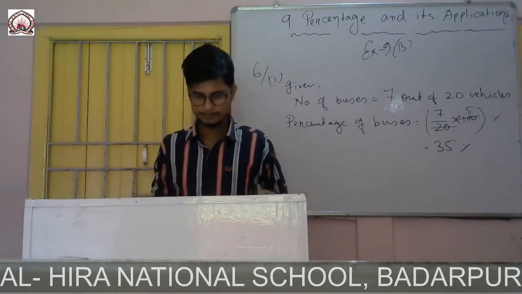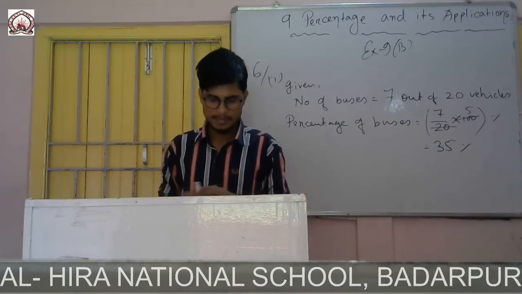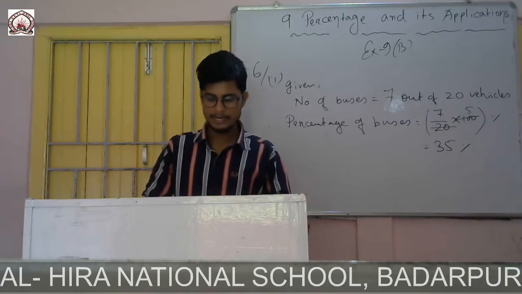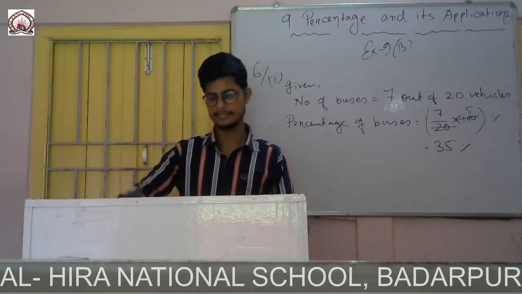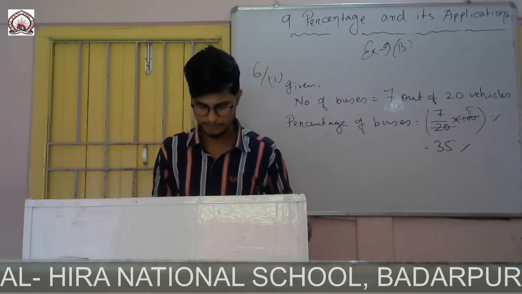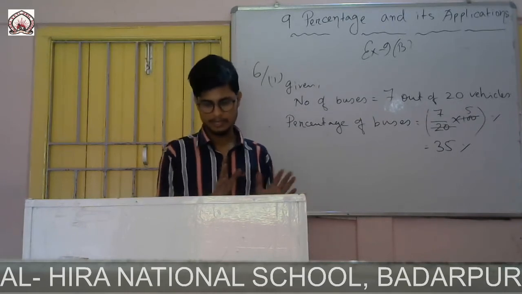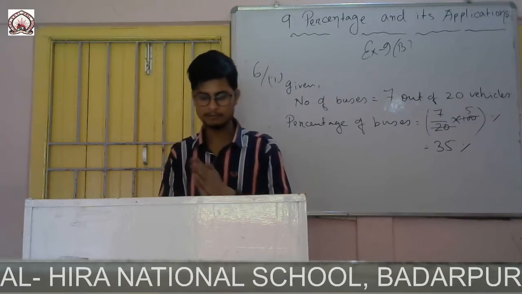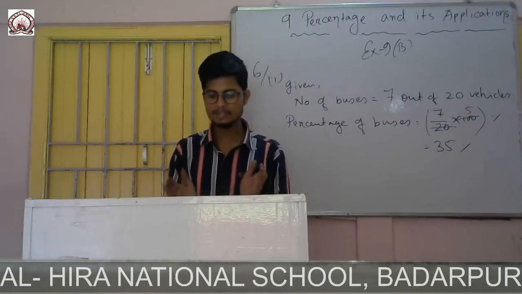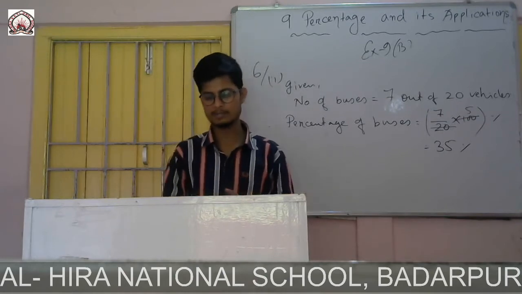Okay, now Roman number 2. It is given that out of 400 tickets sold at a tennis match, 144 were sold to senior citizens. What percent of the tickets were sold to senior citizens? And there are two questions. First, you have to find what percent of tickets were sold to senior citizens, and next, what percent were sold to the rest.